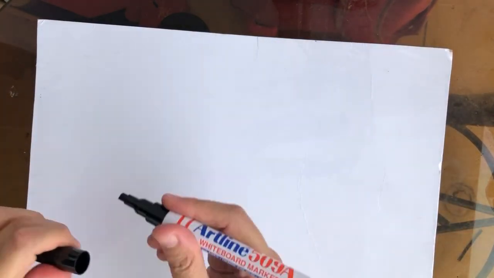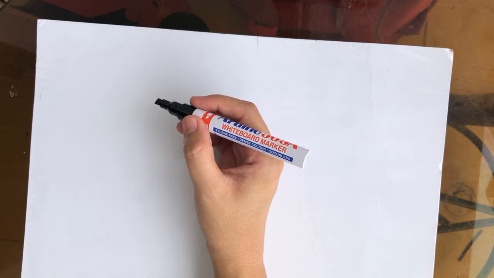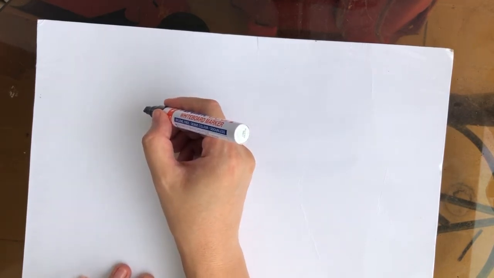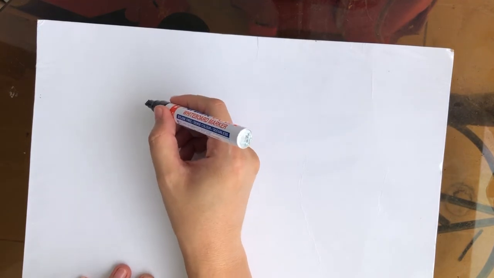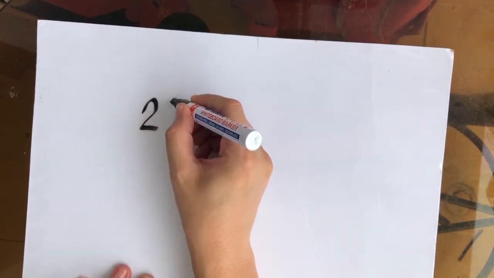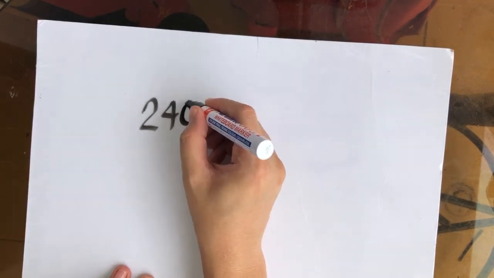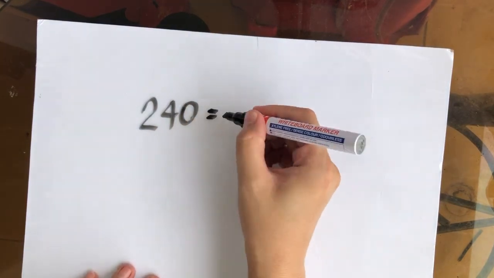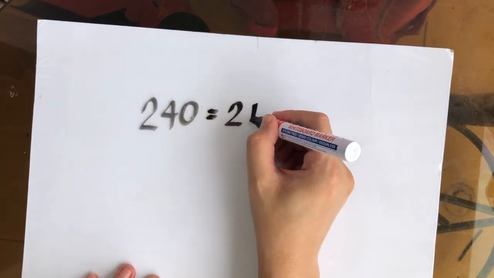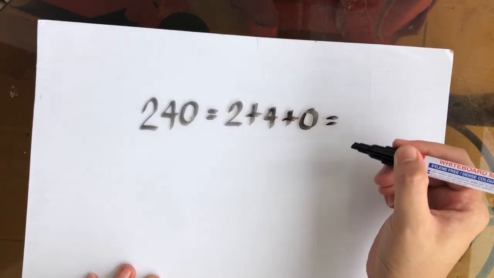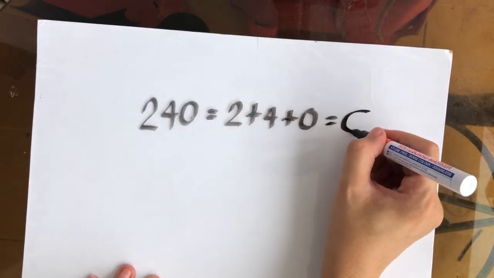Okay, kaya, let's try, ano ba? Ito na lang para madali. 240. Ayan. 240. So, add natin yung digits niya. 2 plus 4 plus 0 equals 6.